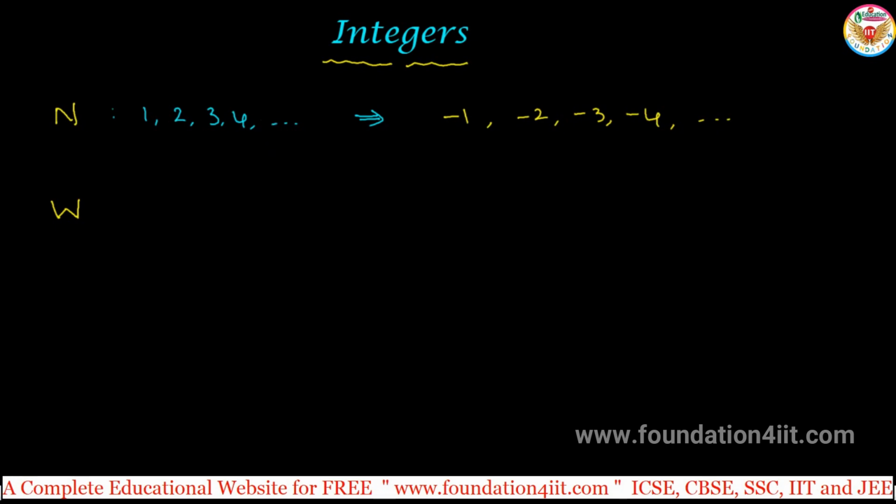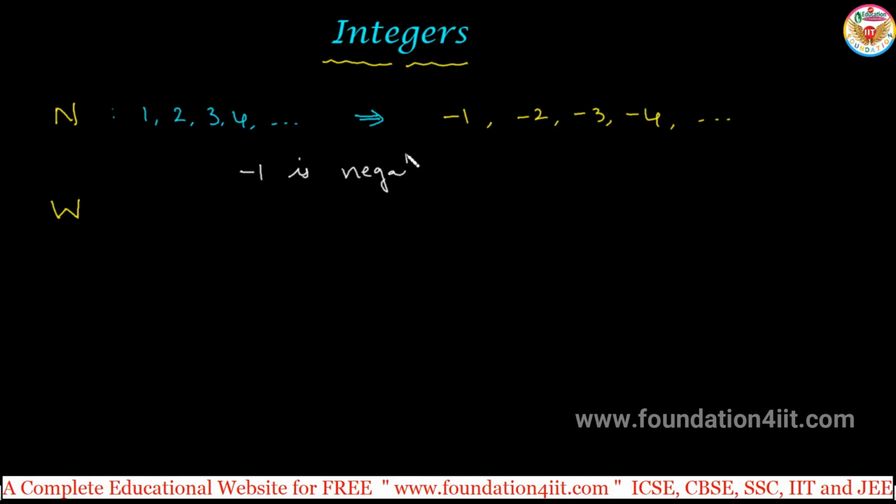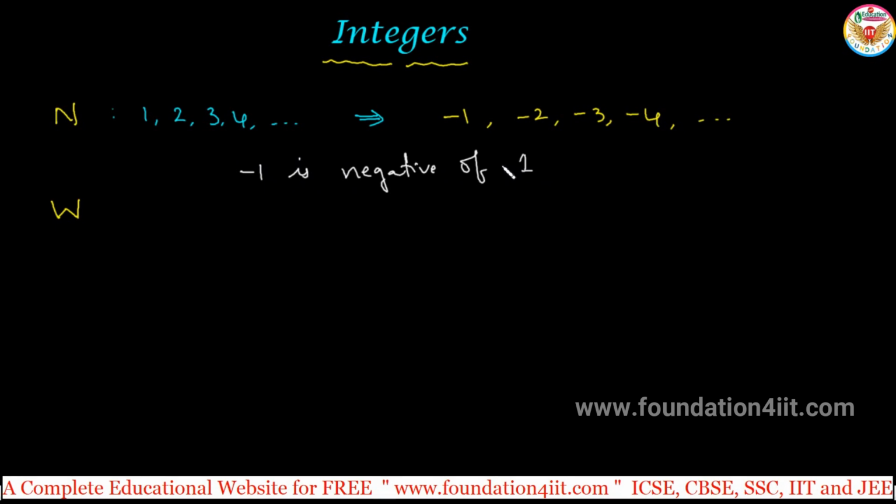That means here, if you notice minus 1, you can read this number as negative 1 or minus 1. So this is the negative of plus 1. Generally we will not keep the plus symbol here. If there is no sign, it is a positive 1. So minus 1 is the negative of positive 1.